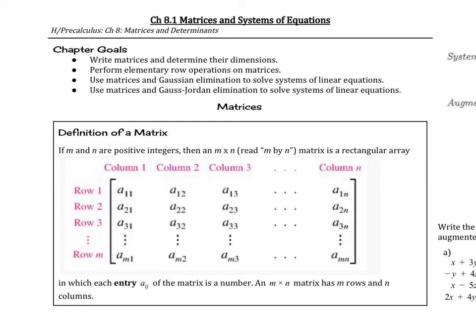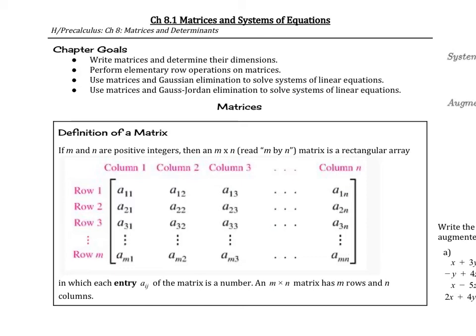So let's talk about matrices. This is the definition of a matrix. If m and n are positive integers, then an m by n matrix is a rectangular array in which each entry aij of the matrix is a number. An m by n matrix has m rows and n columns.